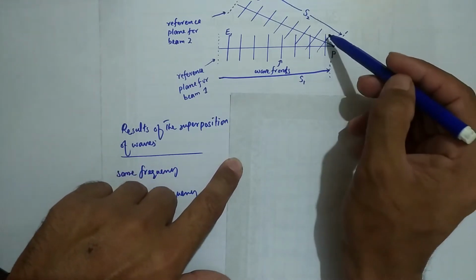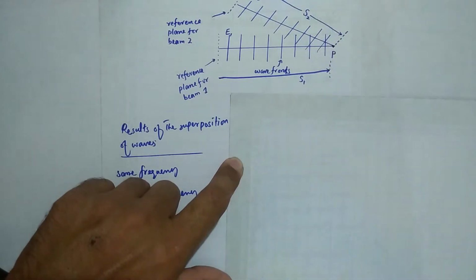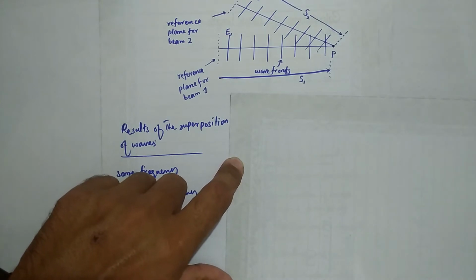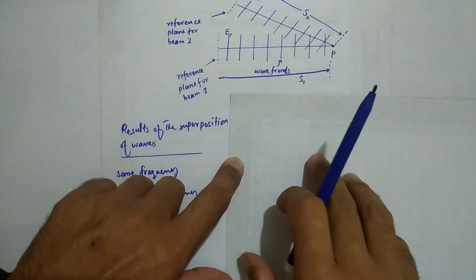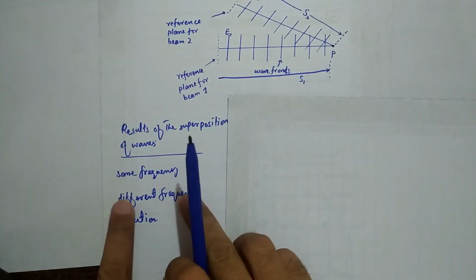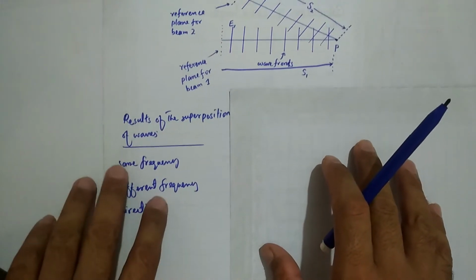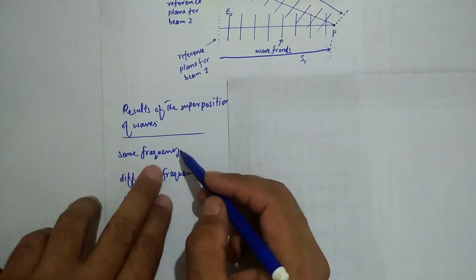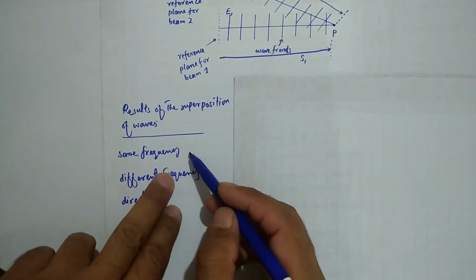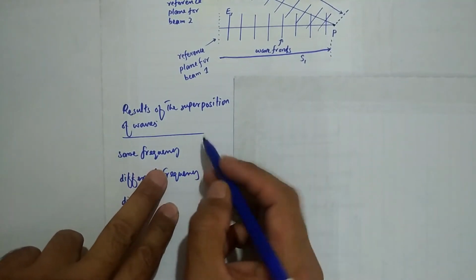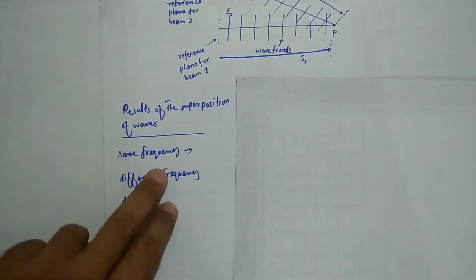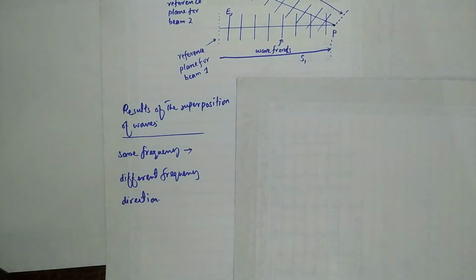We will check the direction, the frequency, the amplitude, and whether they are in the same direction or not. So there are different situations. If both the waves are of the same frequency, then it results in the interference of waves.